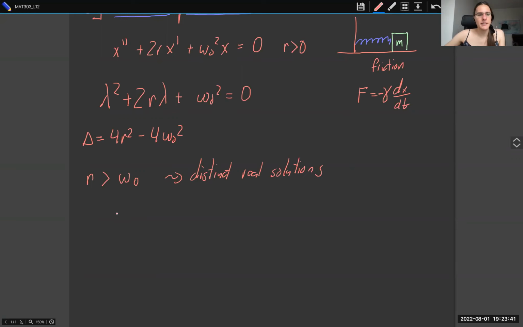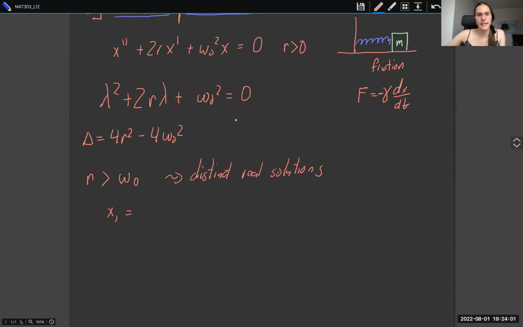And basically, the two prototypical solutions are going to be x1 is equal to, so when we take the square root, it's going to be negative b over 2a.